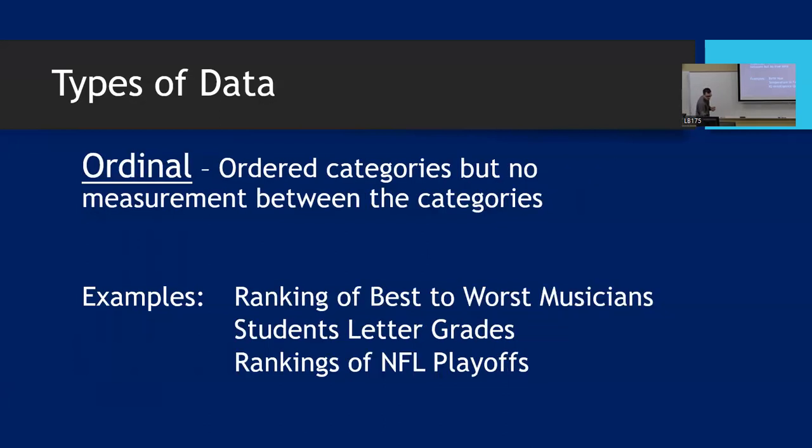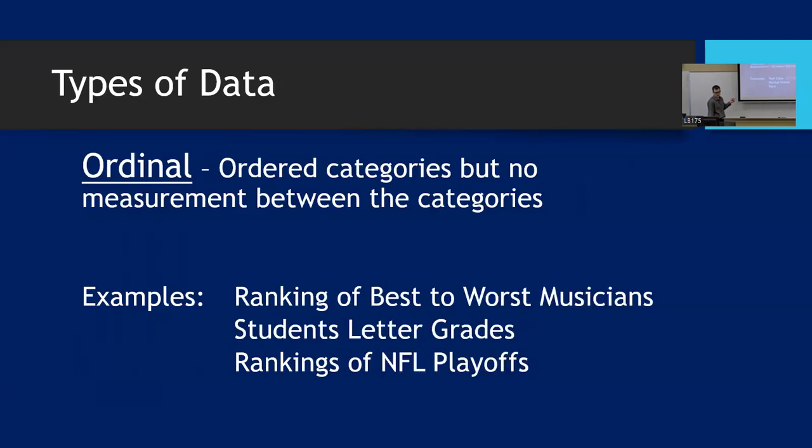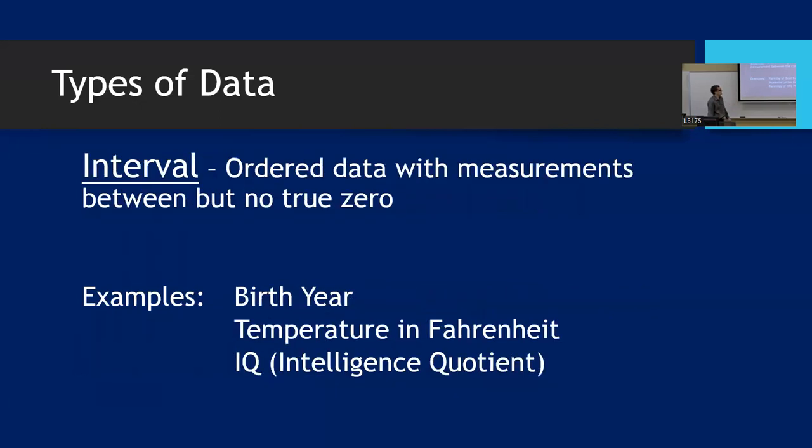So by the way, if you think about this, nominal is almost always exclusively qualitative variables. Things like letter grades and rankings, that's ordinal. You can make a case for that being a little bit quantitative, I guess it depends on the context, because there is a numerical ranking.